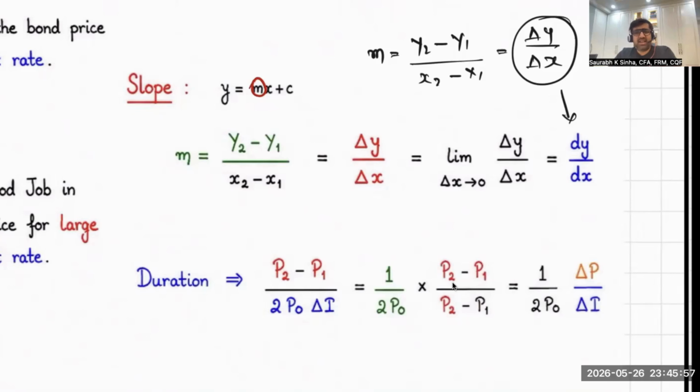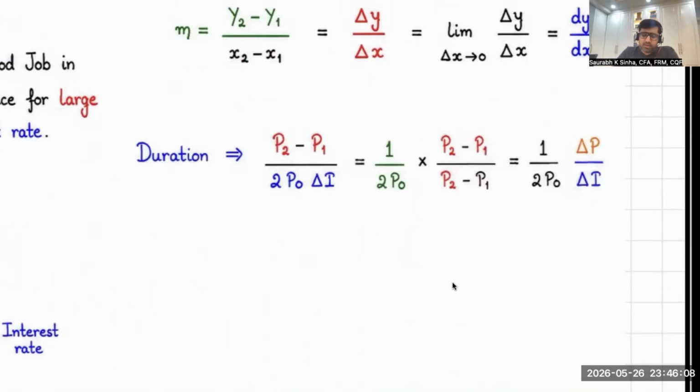But do we see anything like that, (y2 minus y1) upon (x2 minus x1), in the formula of duration? Let's look into the formula of duration. The formula of duration is (P2 minus P1) upon 2P0 del I into 100. 100 is a constant, don't worry about it. Let's take 1 upon 2P naught as a constant, because P naught will not change.